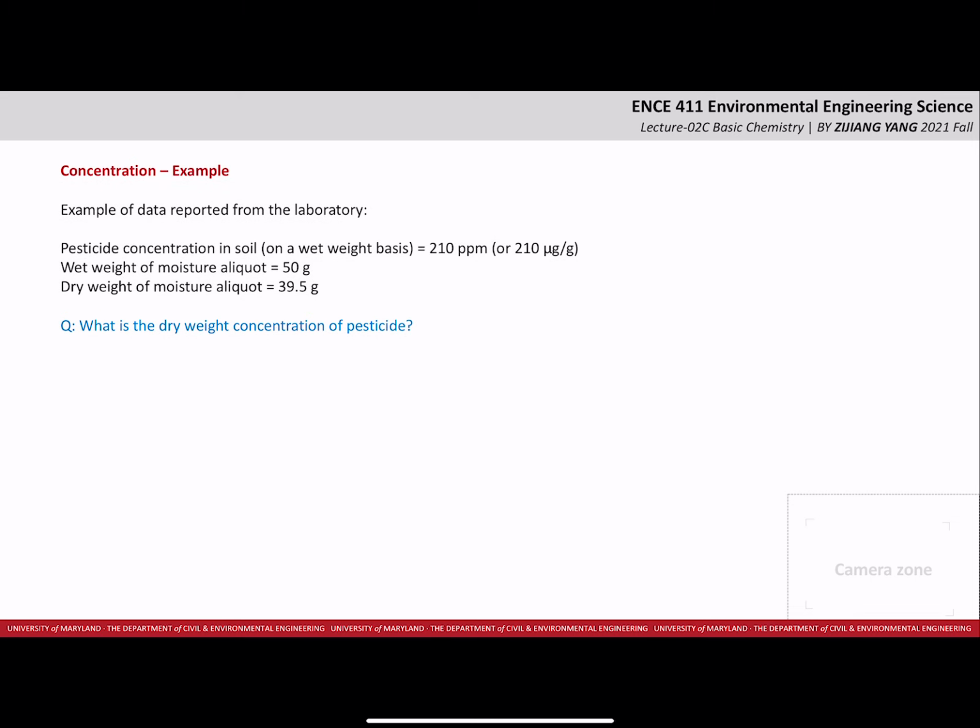Another example I want to go through is about concentration. So we have an example data reported from the laboratory for the pesticide concentration in soil, and this is on a wet weight basis, and the concentration is 210 ppm or 210 microgram per gram.